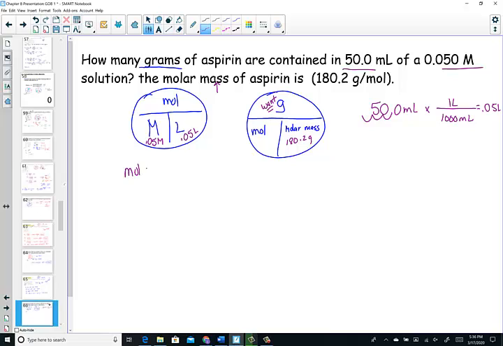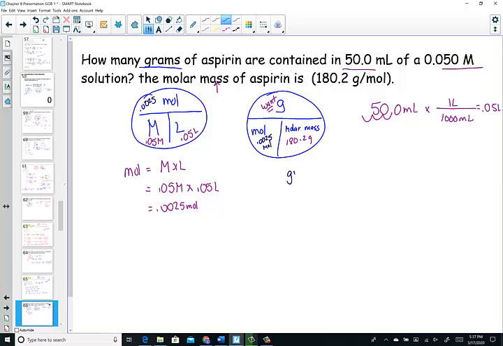I think we have enough information to solve for grams because I can find mole in my first step by taking molarity times liter. My 0.05 molar times 0.05 liter. What do we find? 0.05 times 0.05. That's 0.0025 moles. Well, that's what this is right here, 0.0025 moles. So now we know this.